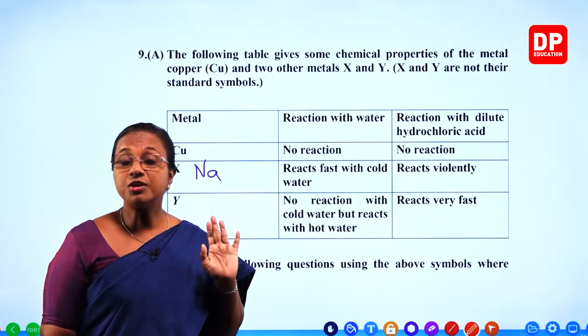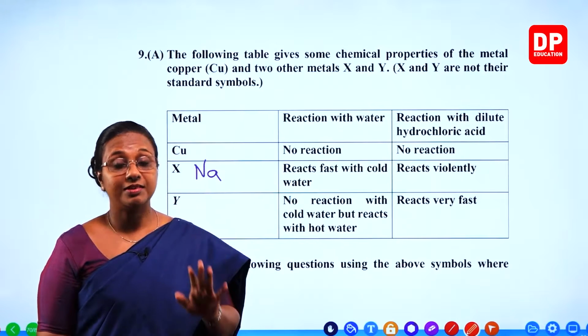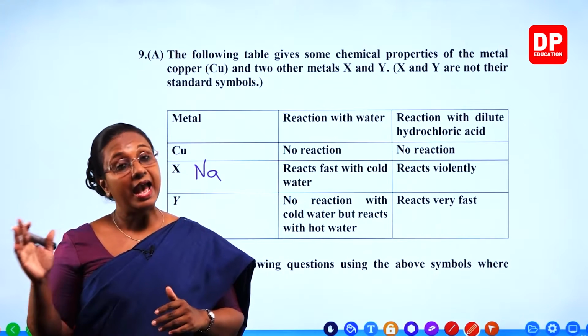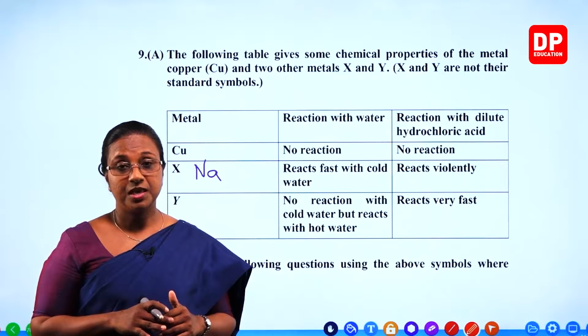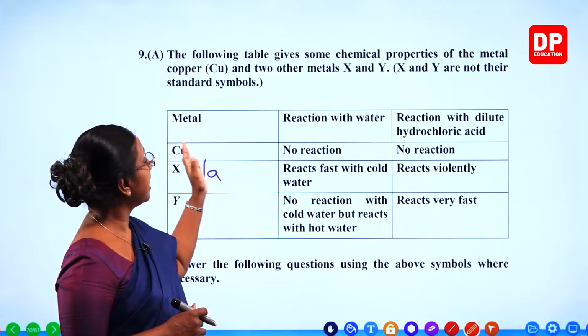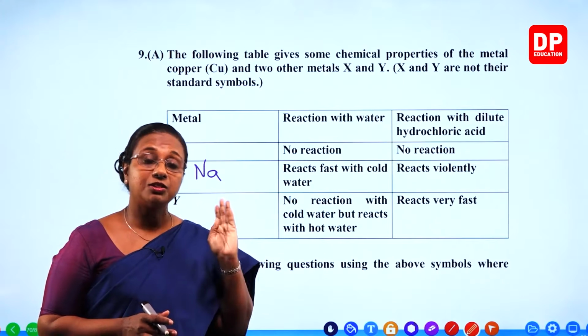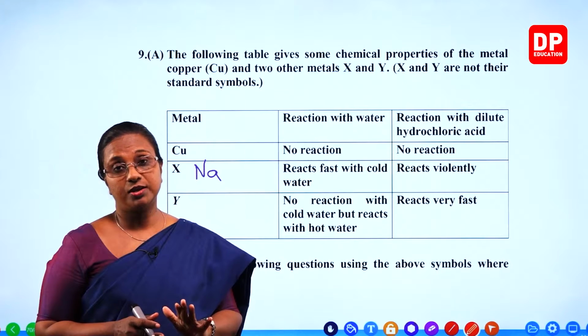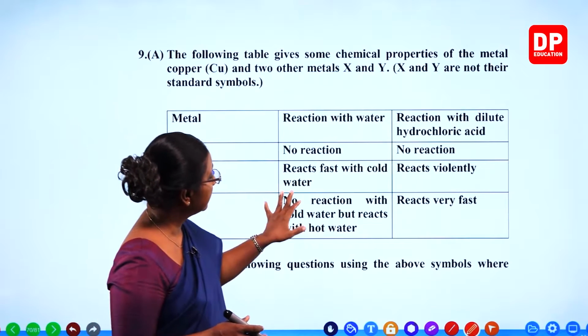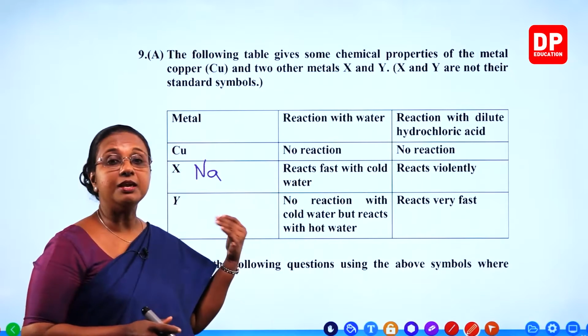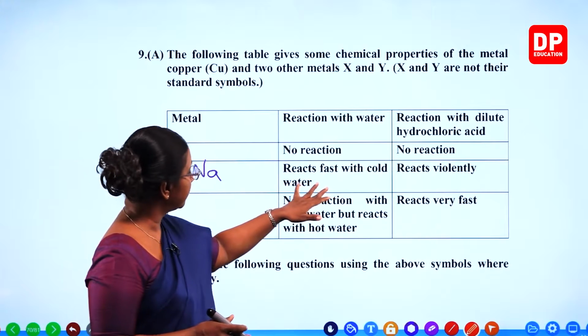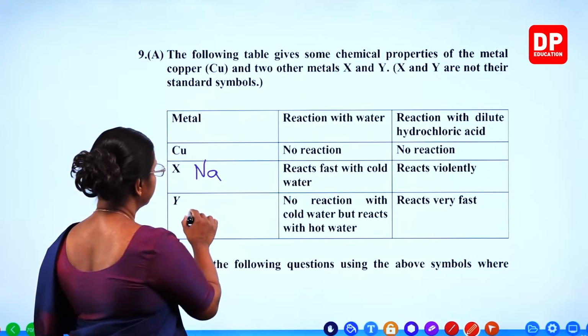Magnesium does not react with cold water, but it reacts with hot water and it reacts with steam. But if you take metals like iron, copper, all those, they do not react with hot water or cold water. So obviously, the second one has to be magnesium. And the first one, that is X, has to be sodium.